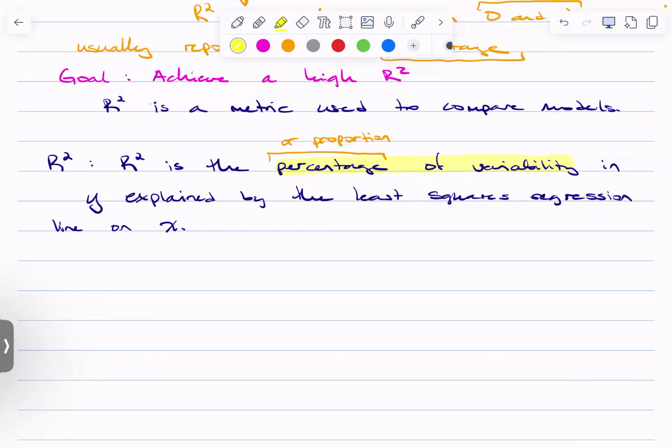That's R-squared. Just have that connection. For now, just set that trigger: percentage of variability, R-squared. Because we have to talk about it properly, of course, I'll include the rest, but you can stop reading at that point.